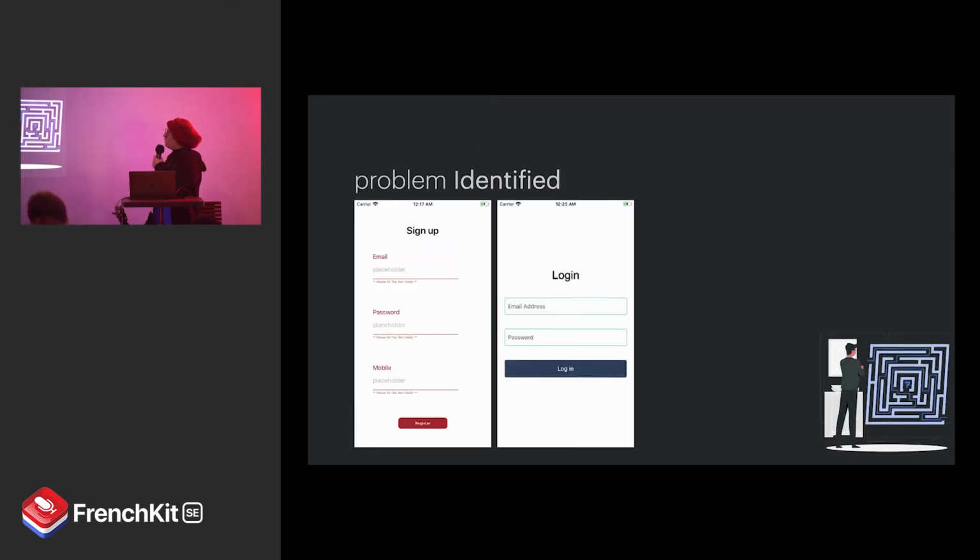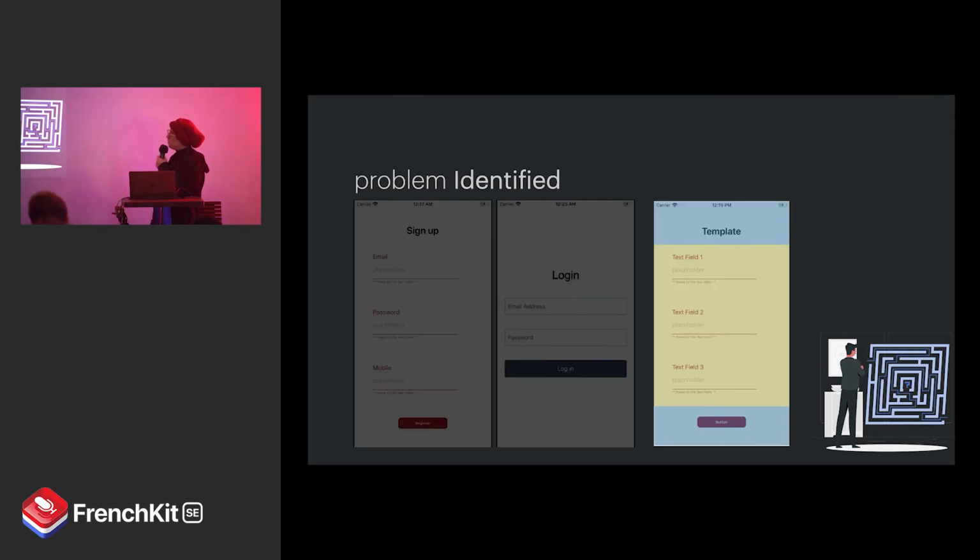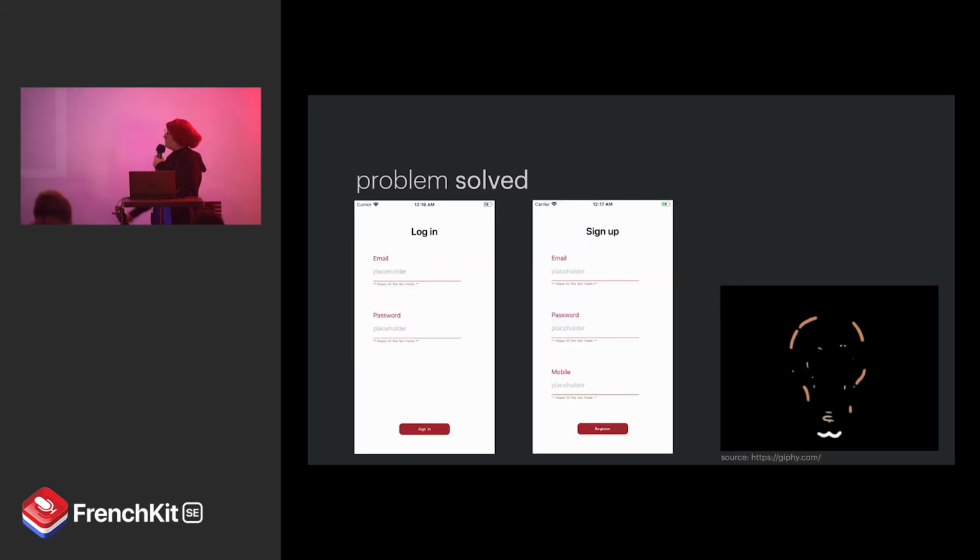If we take again the sign up and login pages, we can see that they share the same template, which is a form body between a header and a footer. So by applying this template and the standardized atom, we can resolve our problem, and our login page is restyled by matching the style guide.